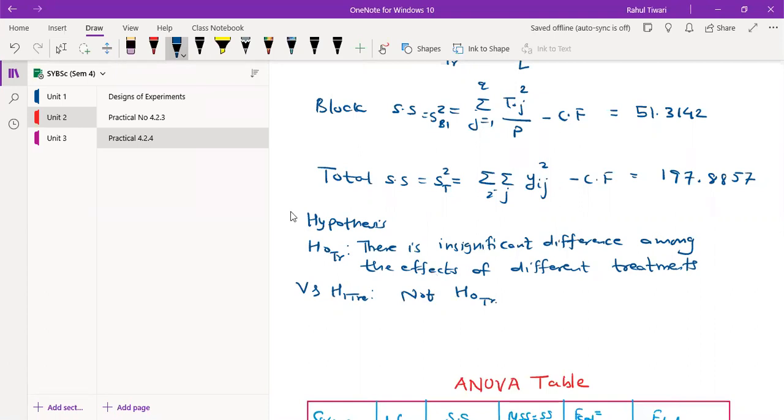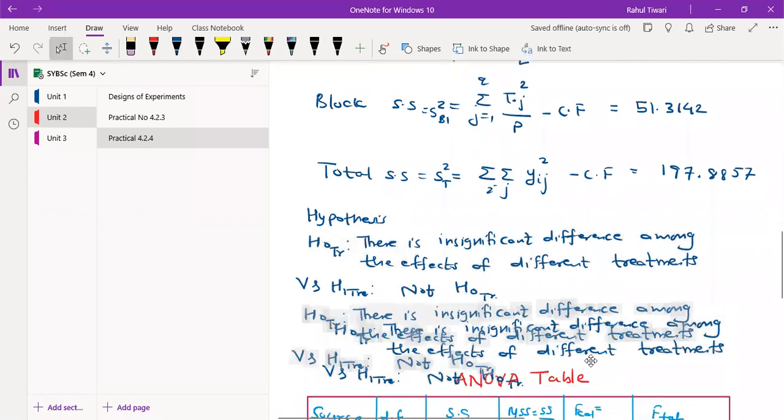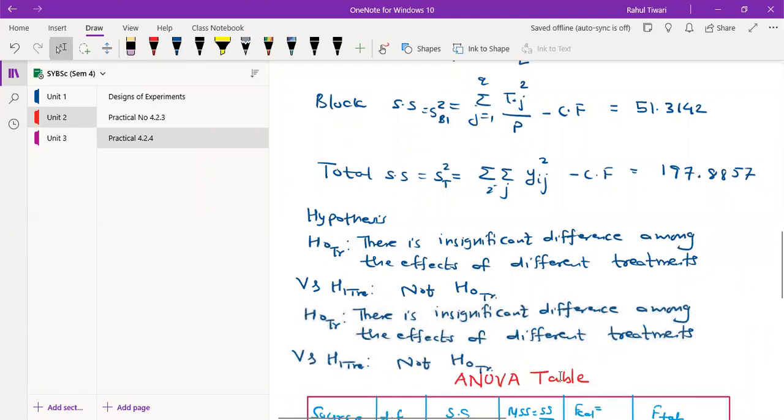Similarly, if you consider the second hypothesis, I'll just copy this and paste here.